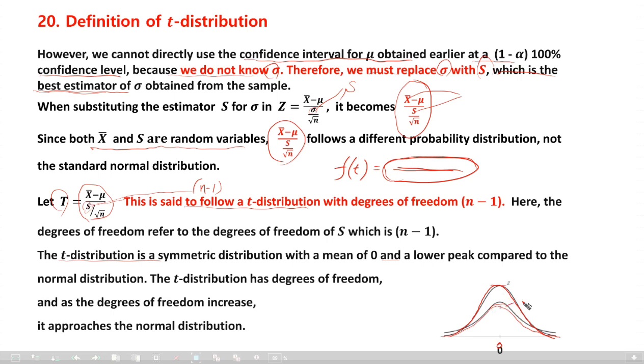But it has degrees of freedom. As degrees of freedom increase, it approaches the normal distribution. The peak gets higher and higher, finally normal, when the sample size increases. Okay, those are the properties of the t distribution.